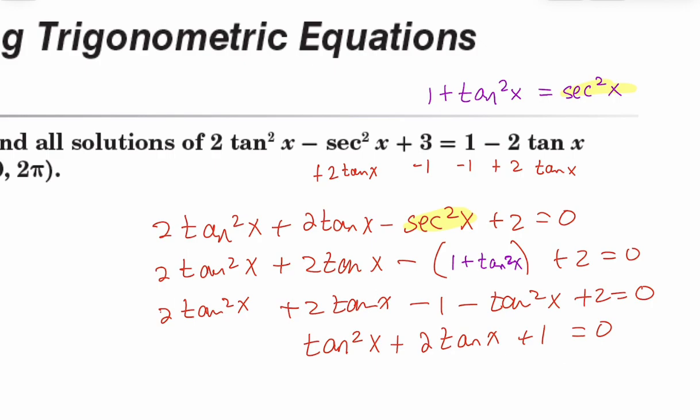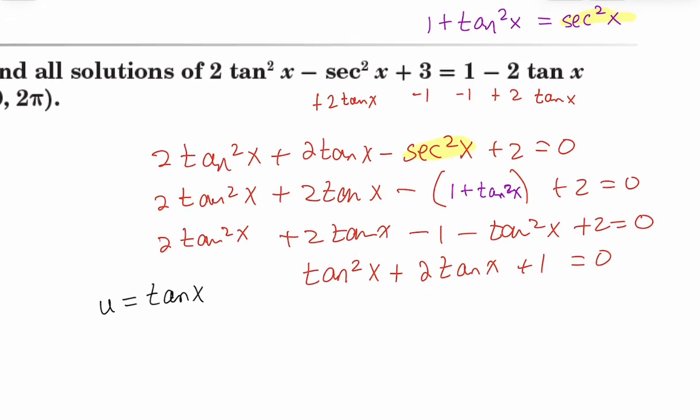Now, once you have it equal to 0 and as simplified as possible, and if our only trig function is one particular function, it can be factored, we're going to do our little substitution at this point. Now you don't have to, I just think it's a good way to go.